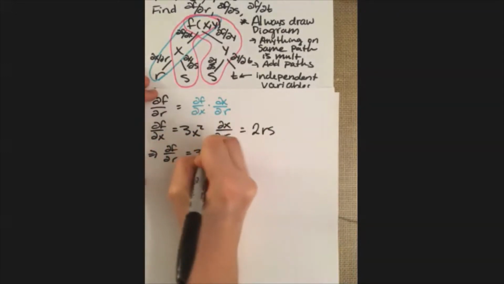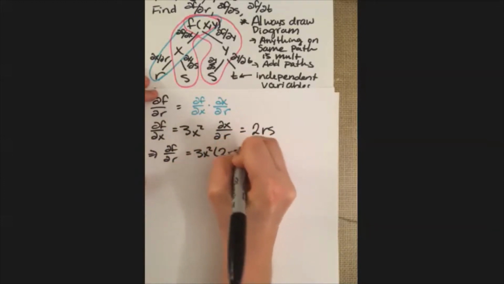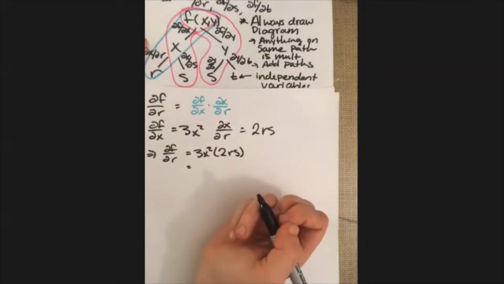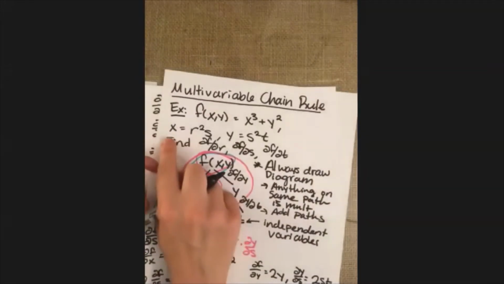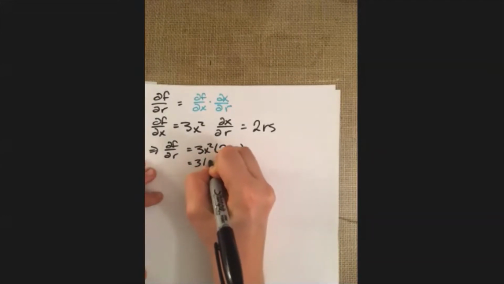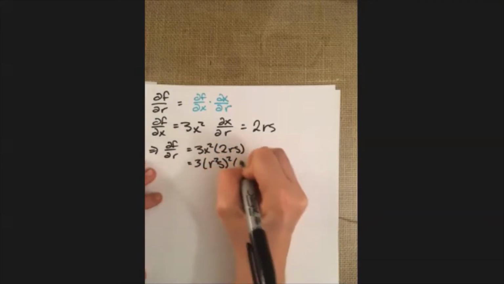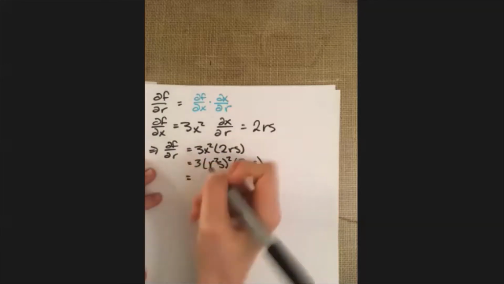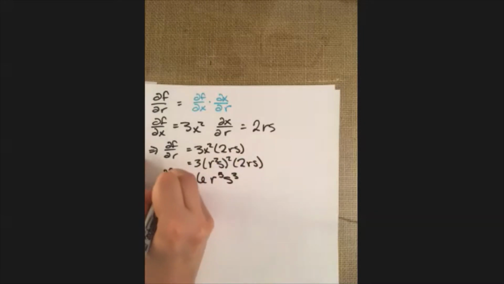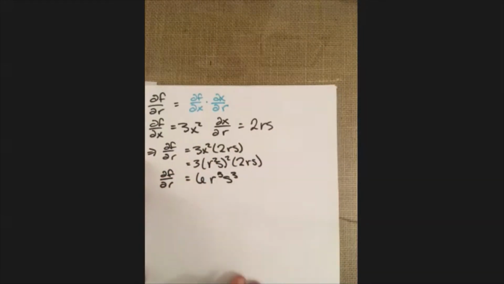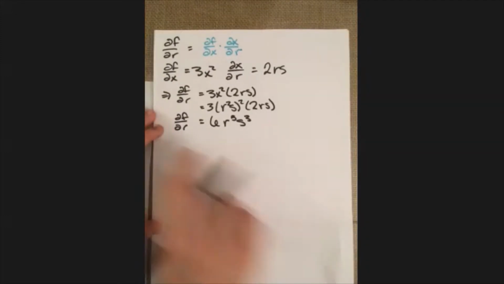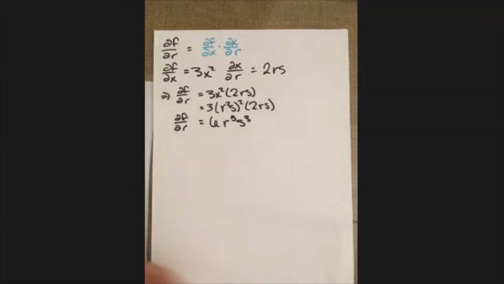So we'll have 3x squared times 2rs. And we had said earlier that x is equal to r squared s, so I'm going to make that substitution here. So we'll have 3 times r squared s squared times 2rs, and that's going to give me 6r to the 5th s cubed for df/dr. Okay. And so that's pretty much all there is to that part right there.